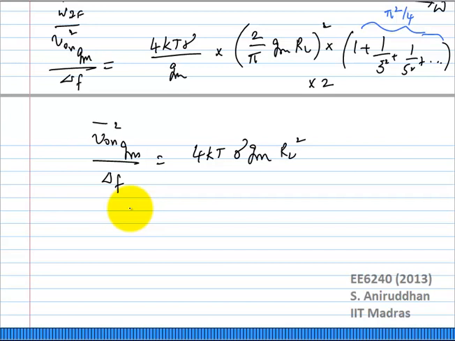If you have a double balanced mixer, then it will have double this noise because you have two sources of noise getting added up at the output. If you have a double balanced mixer, you will have twice the noise. You do see a hit in noise figure, but it is much better because you are doing much better in terms of the LO feedthrough. The primary reason why we decided to go for a double balanced mixer was because of the LO feedthrough.